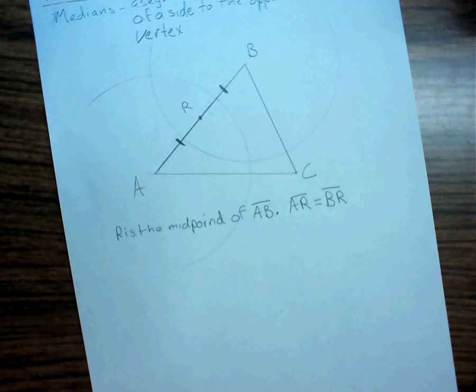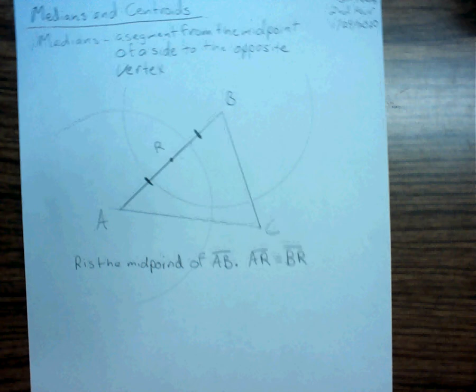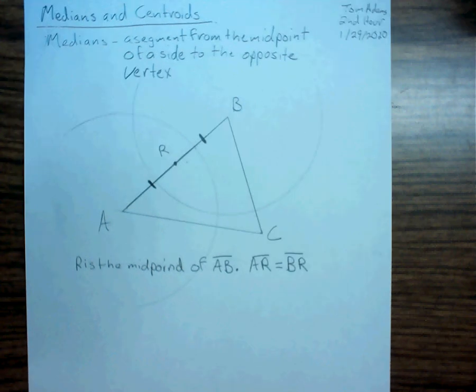Now, the centroid is where the medians converge. It's the point of concurrency of the medians, and we'll write that down in a second. But what's a median? It's a segment from the midpoint of a side to the opposite vertex.